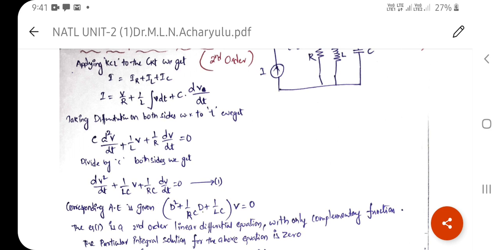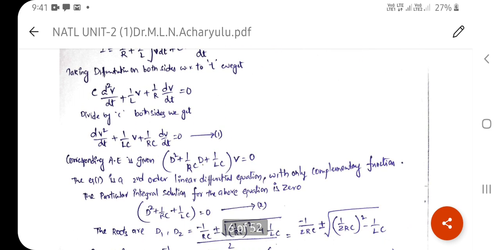Dividing by C on both sides, we get the resultant equation: d square v by dt square plus 1 by RC into dv by dt plus 1 by LC into v equal to 0.